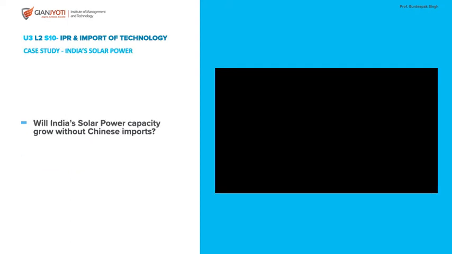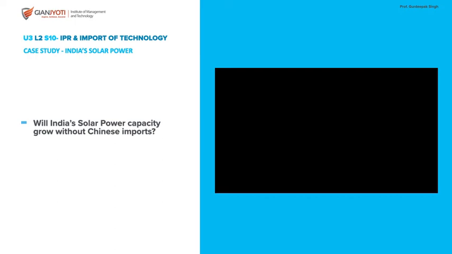Now, one of the small case studies I would like to take, which is a matter of big concern in India. India, as you know, has an abundance of solar power, and we want to build our solar power capacity. But what is happening is the solar cells, the equipment, and the technology know-how lie with China.